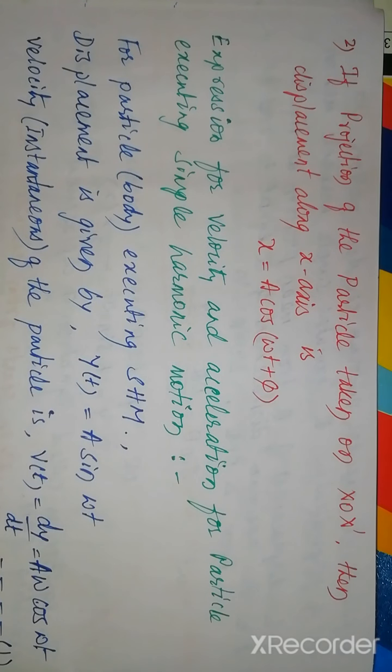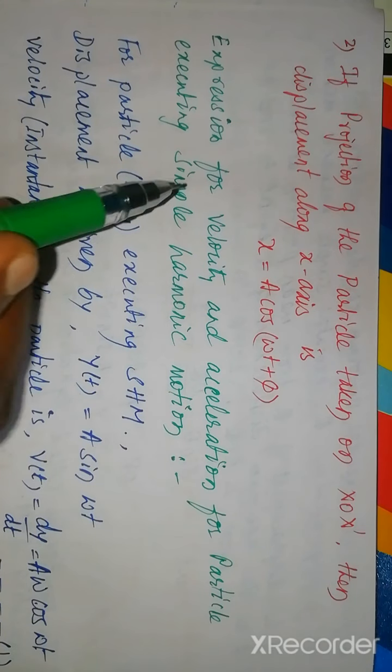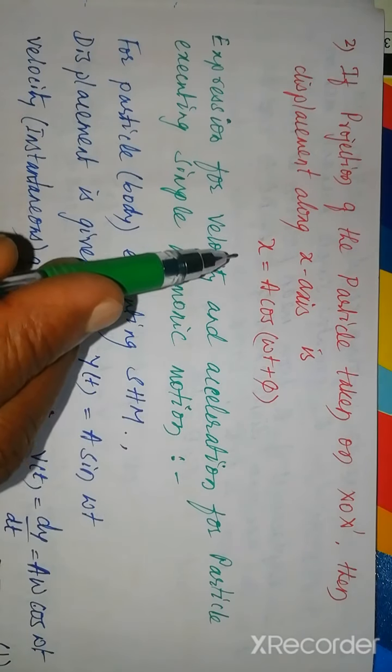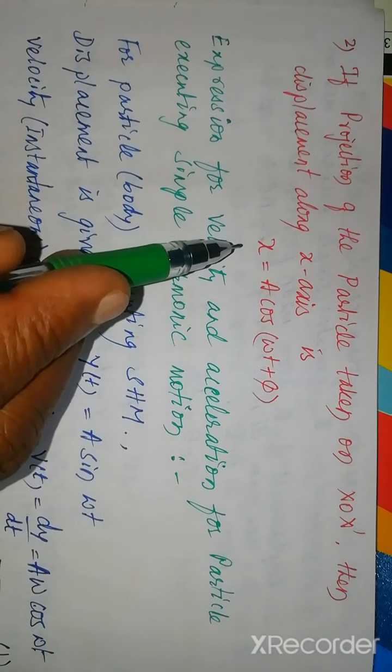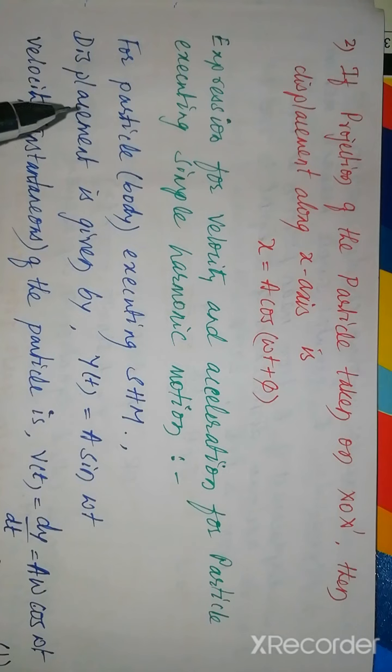If the projection of the particle P executing uniform circular motion is taken along the diameter X O X dash, then the displacement along the x-axis is given by x equals A cos omega t plus phi.